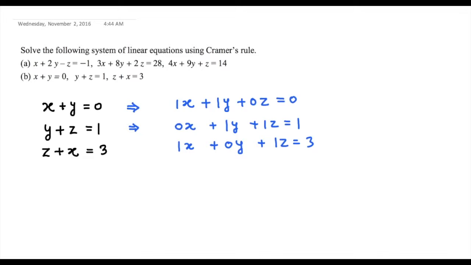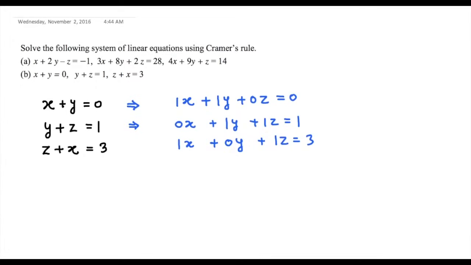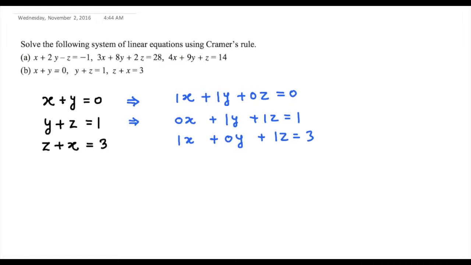So this is the modified form of the question. We have to find the value of x, y and z by Cramer's rule.